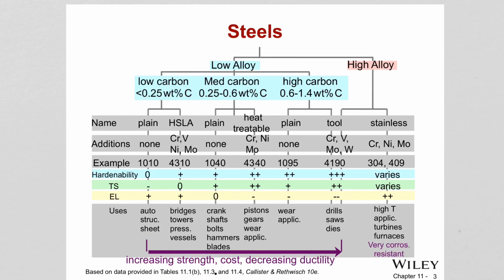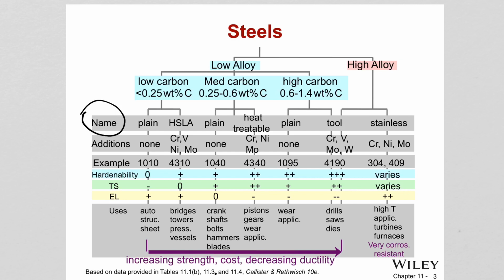We see different names. We said plain mainly has just carbon. There is HSLA, which stands for high strength low alloy steel. These have better mechanical properties and greater corrosion resistance compared to plain carbon steel. And there is again medium carbon, plain, and heat treatable.